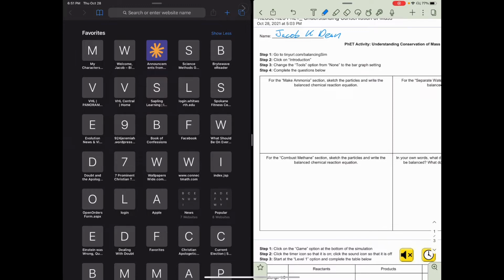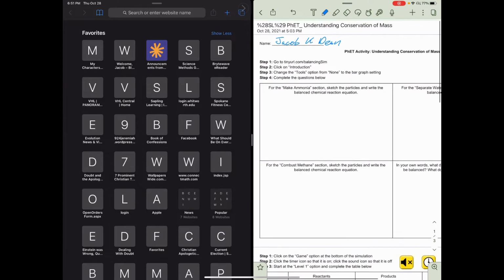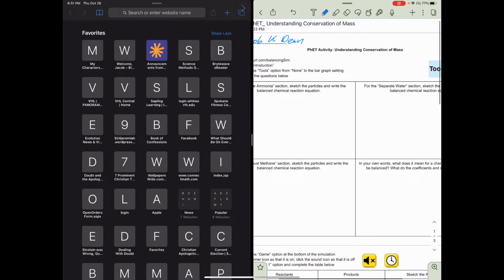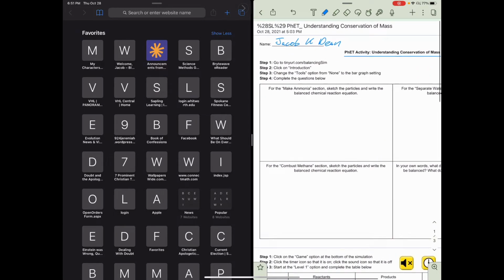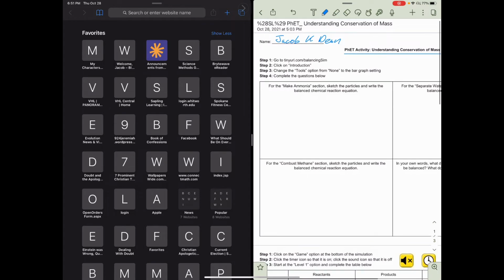So we're going to start with, first of all, making sure that you are on the right assignment. Always double check that there. We are going to start by going to tinyurl.com and the balancing sim.